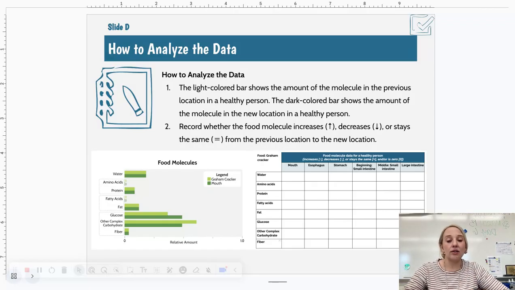The light green colored bar shows the amount of the molecules in the previous location in the healthy person. The dark color bar shows the amount of the molecule in the new location. So it's your job on your table to record whether the food molecule increases, which you'll draw an up arrow, decreases, down arrow, stays the same, you'll draw an equal sign, or if it's at 0, you just draw 0. Okay?